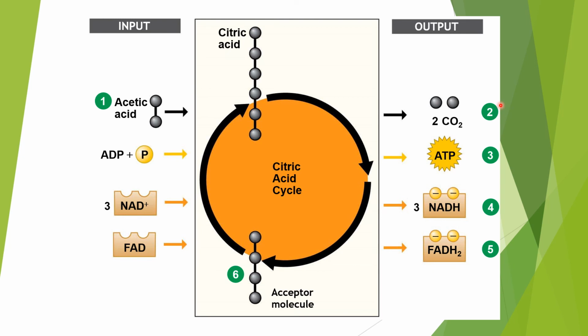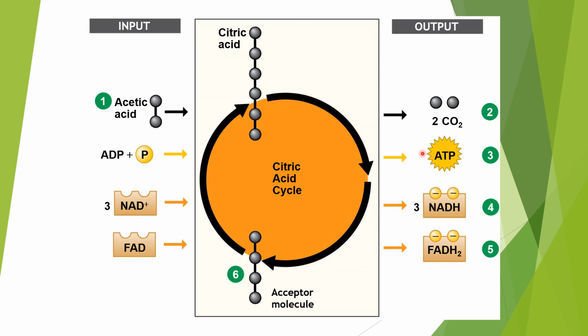But the main outputs that you need to know are these. Once the cycle is done, what do you get? You get some carbon dioxide, and again, a lot of the carbon dioxide that you exhale actually comes from the citric acid cycle. You get around 2 ATP molecules. Those numbers are just the steps, not the quantities, so ignore these numbers right here.